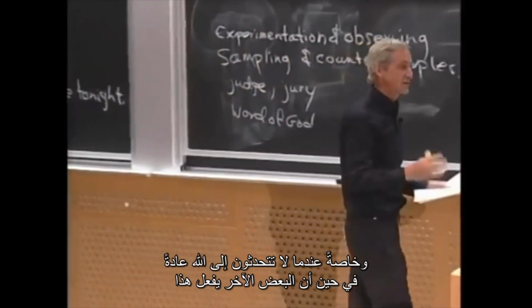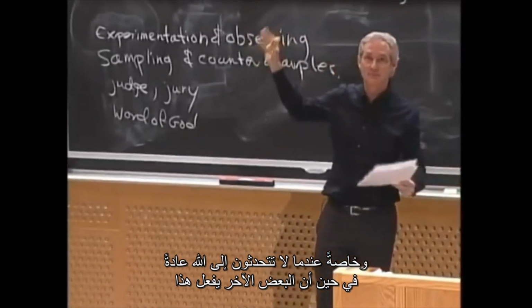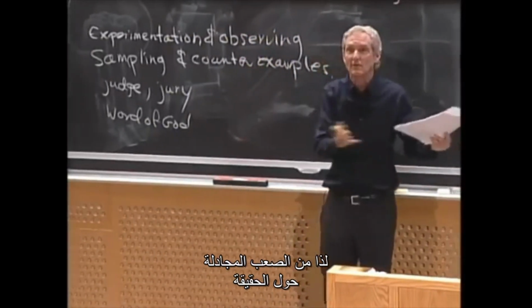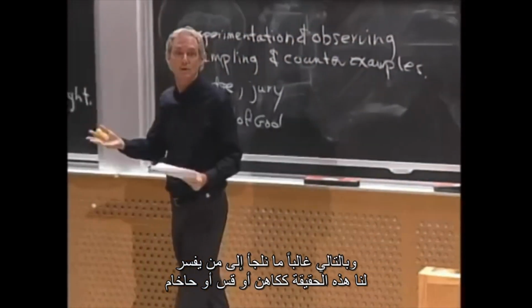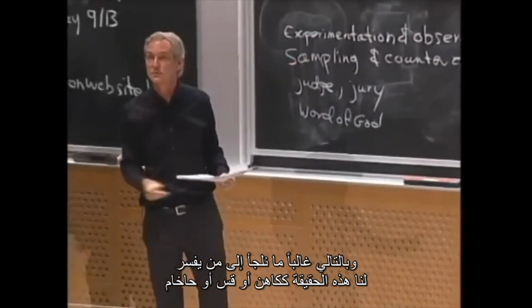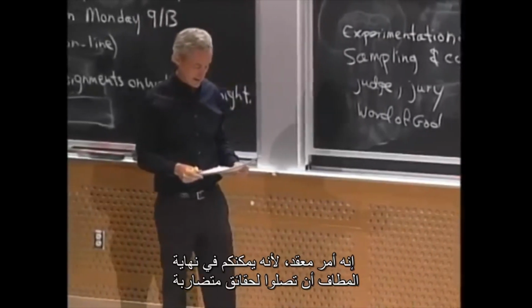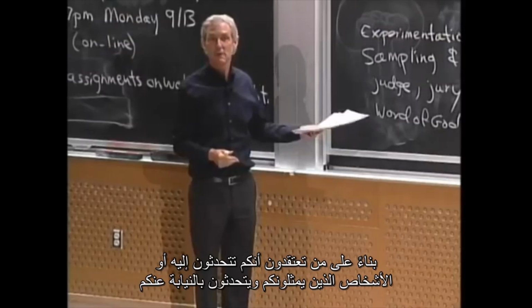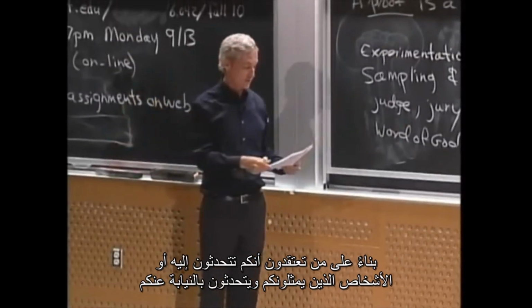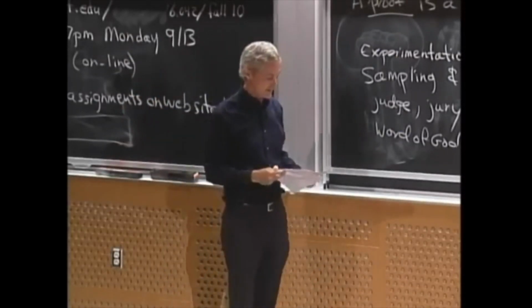Especially if you're not talking to God regularly and somebody is, it's hard to argue about the truth. So you rely on others to interpret it for you often, a priest or a minister or a rabbi. And it gets complicated because you can end up with conflicting truths based on who you think you're talking to or who your translator is.